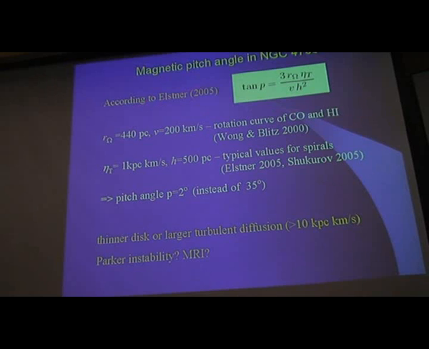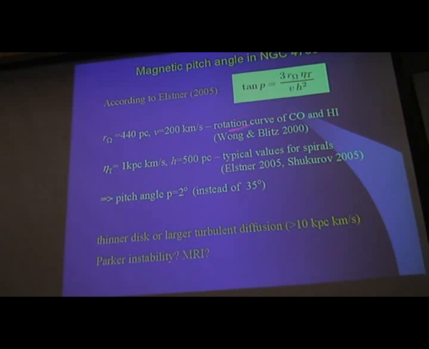According to Detlef Elstner, in an alpha-omega dynamo, the pitch angle is proportional to the radius of the turnover in the rotation curve, the rotational velocity, the turbulent diffusion, and the width of the disk, the scale height.